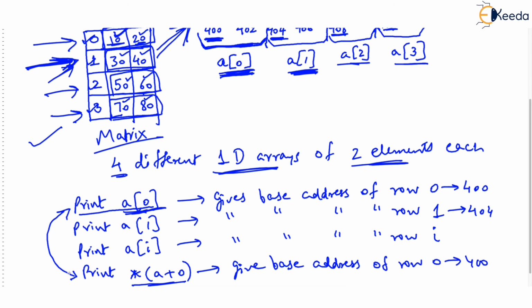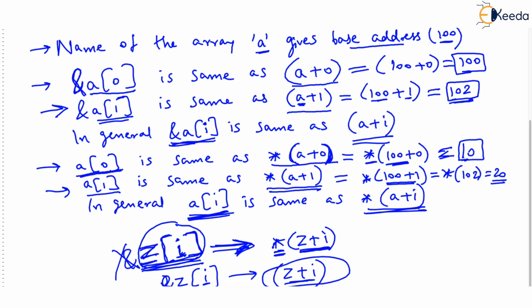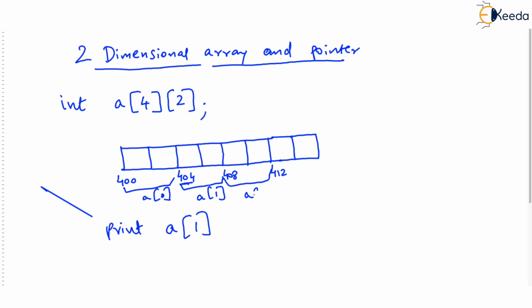Okay. So what will happen if I write print for my 2D array? Let's say, here we go, print A1. You know this will be 404, because you know by now that this is called A0, this is A1, this much portion is A2, and finally this is the last row, that means A3, and these names give the base address.